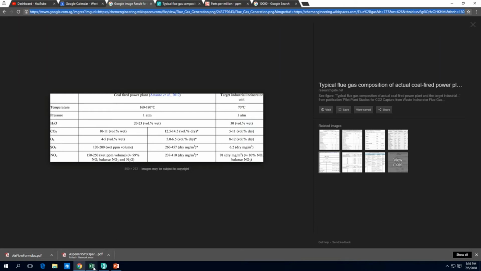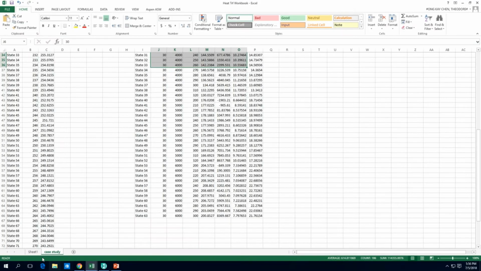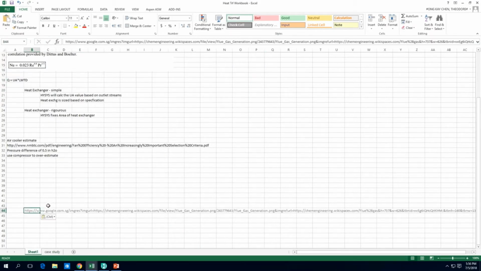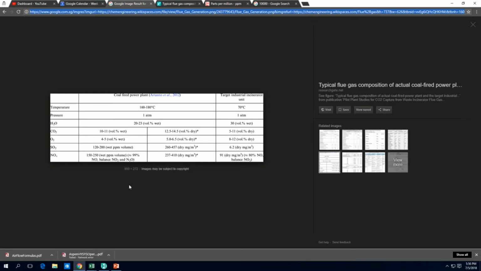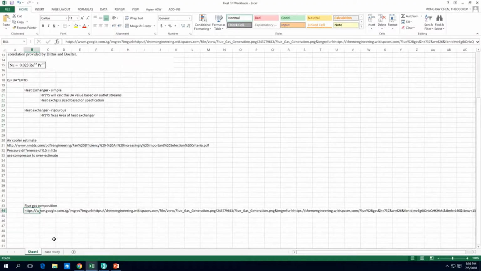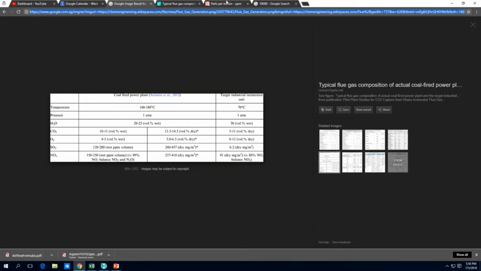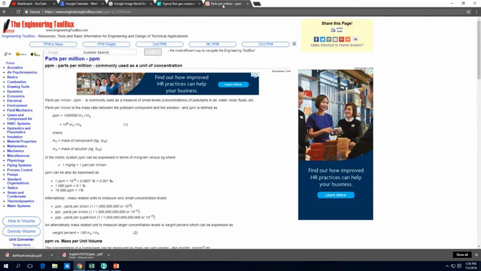So let's just take a look. Okay, so this is a flue gas composition, and what's the conversion from ppm to mass percent?